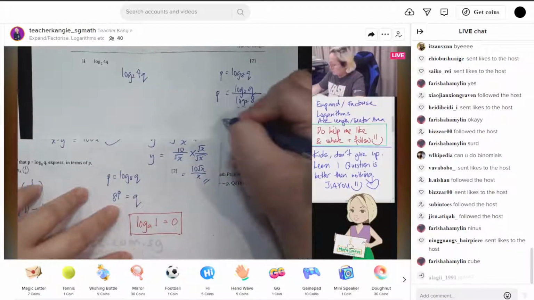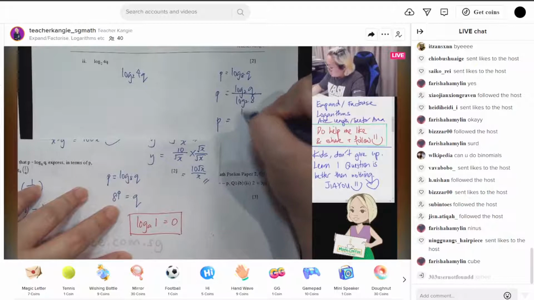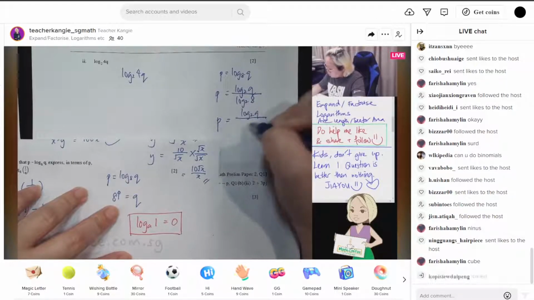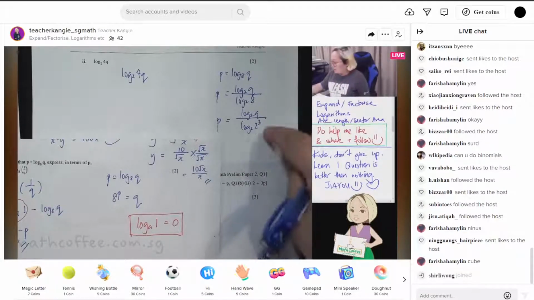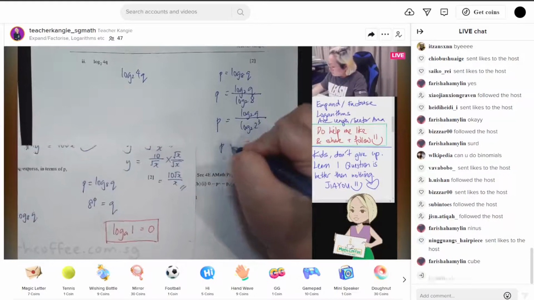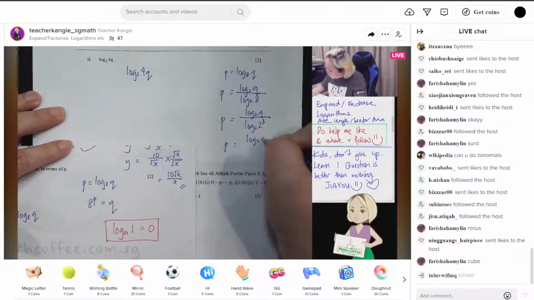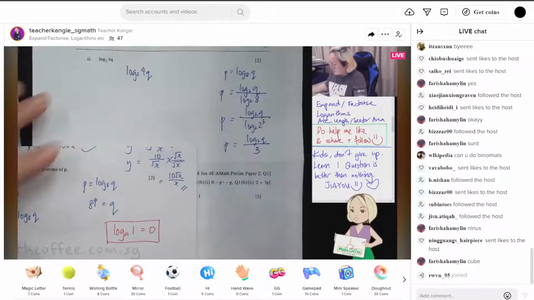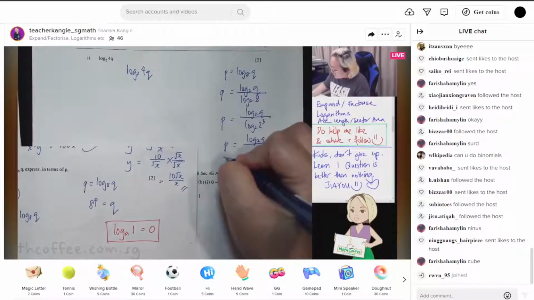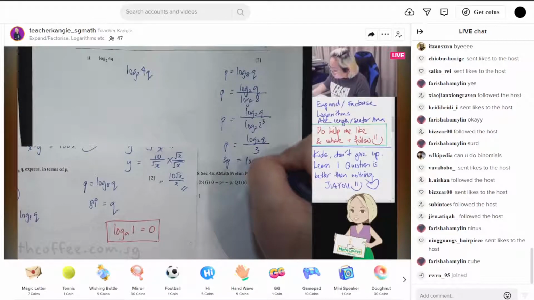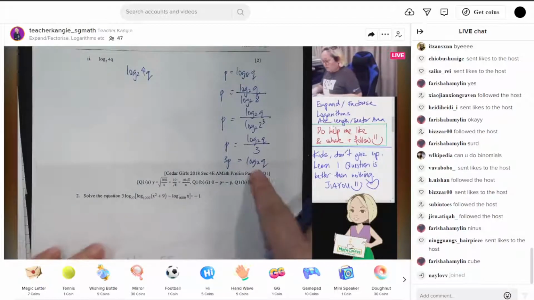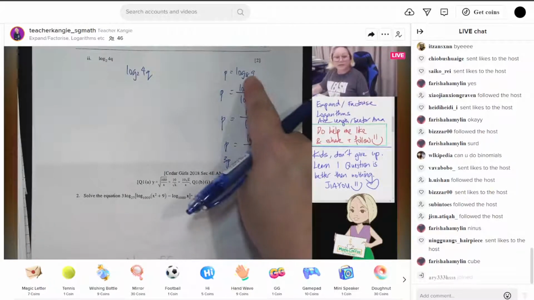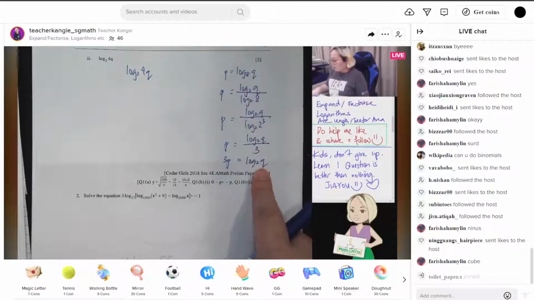So it will be P equals log 2 Q over log 2 8. In the end, the bottom becomes 3, so log 2 Q over 3. If I cross multiply, it is actually 3P equals log 2 Q. You see that? I have successfully changed the base 8 to base 2. So I don't have to worry now.